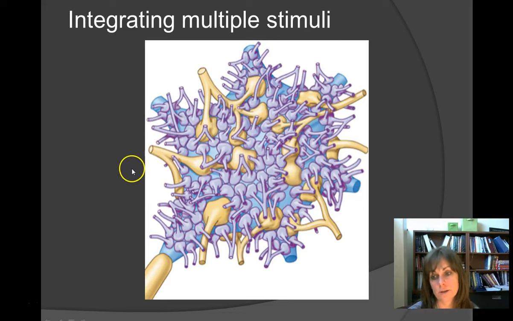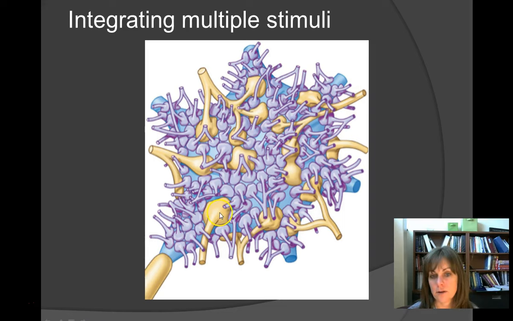Now let me orient you to this picture. The blue that you see underlying everything is the cell body with the dendrites of a postsynaptic neuron. Here's the axon hillock region, here's the initial segment, and now we're moving into the axon.